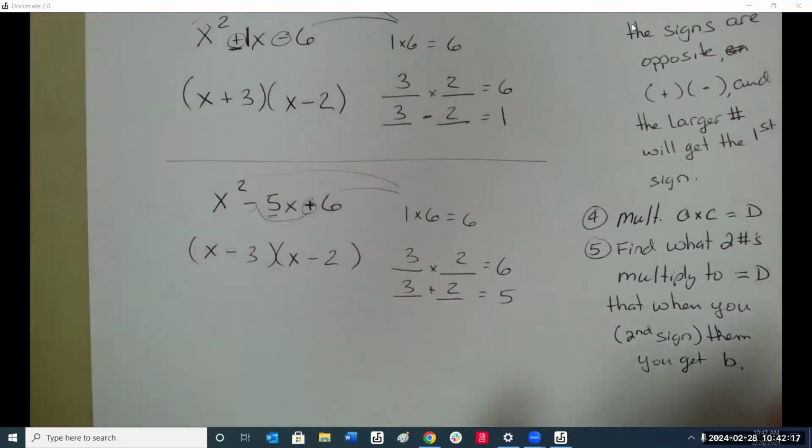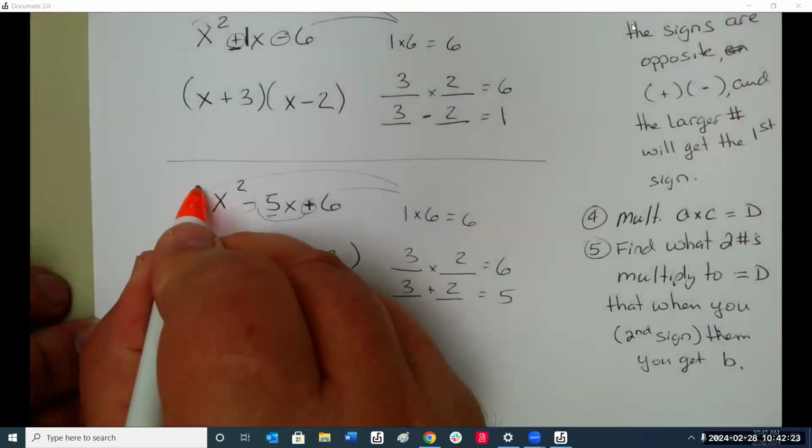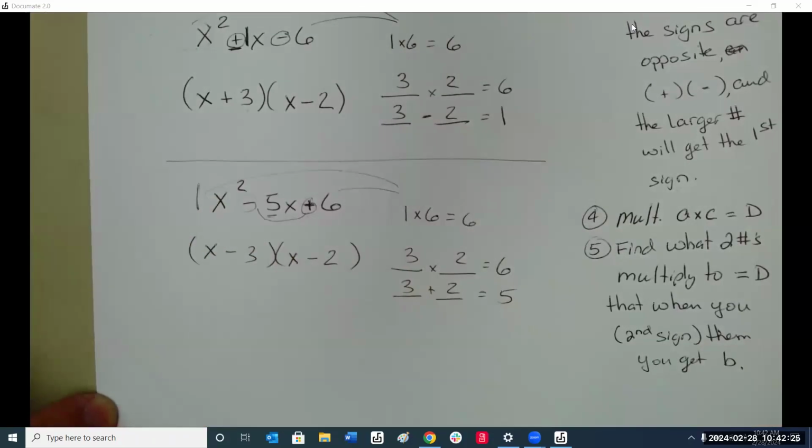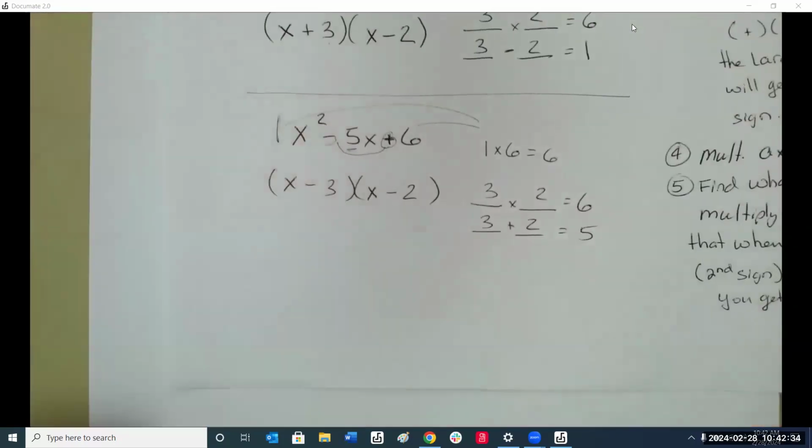This method works no matter what. Because so far, we've only talked about our leading coefficient being 1. It could be anything now. So let me go ahead and put one together real quick.